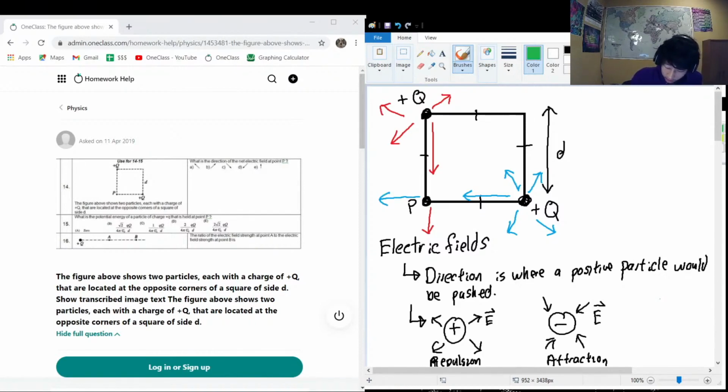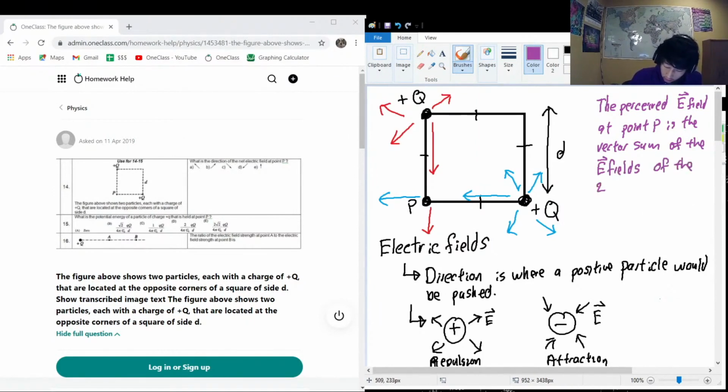And what's really going on, let's write this in purple, the combination of red and blue. The perceived E field at point P is the vector sum of the E fields of the two charges.